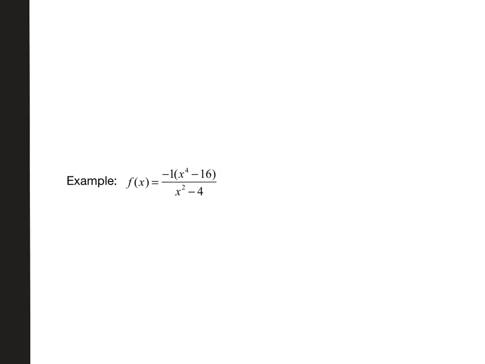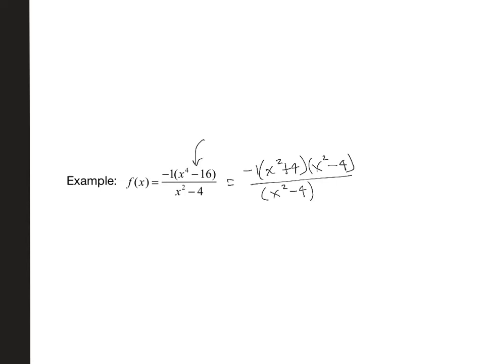I'm going to need to factor. Always factor first when you're finding a hole. So I have a -1 on top. This, in parentheses, is a difference of squares. It's kind of an interesting difference of squares, but a difference of squares nonetheless. So let me factor that. And the denominator.